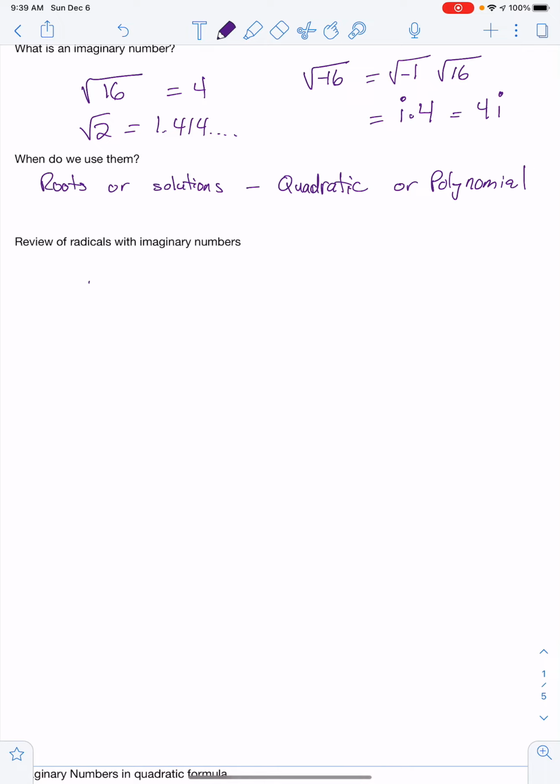So let's say I take the square root of negative 50. What you're going to do is look for ways to take perfect squares out of that. Perfect squares are things like 1 times 1 is 1, 2 times 2 is 4, 9, 16, 25, 36, 49, 64, etc. And so we're basically factoring it.